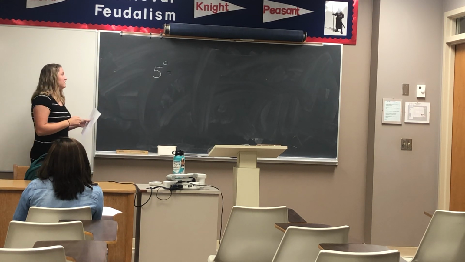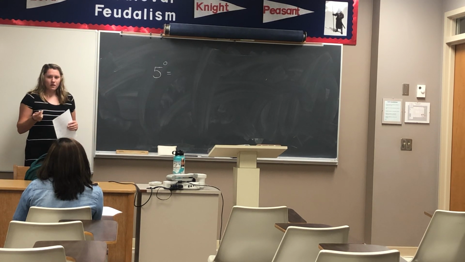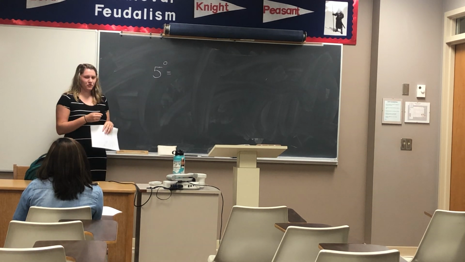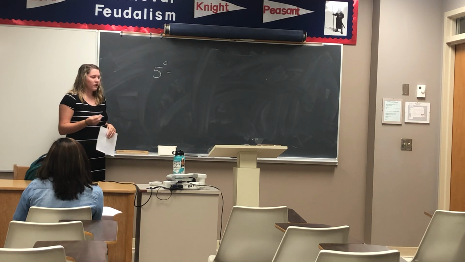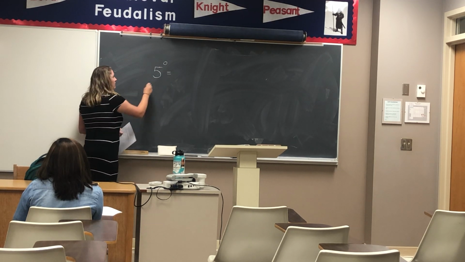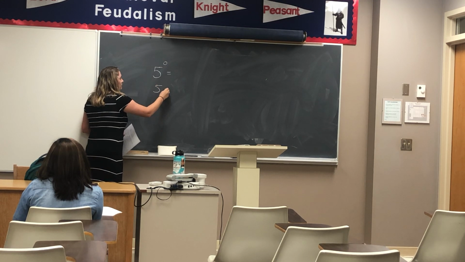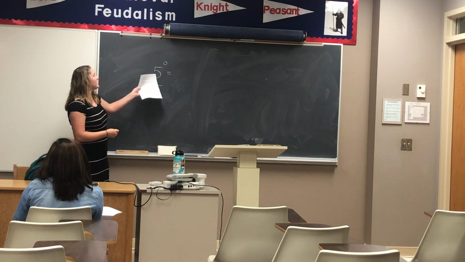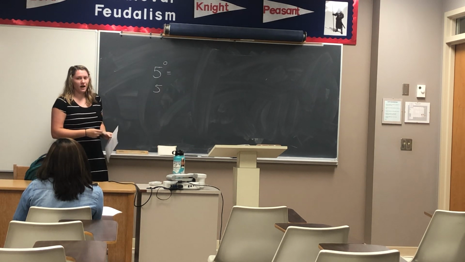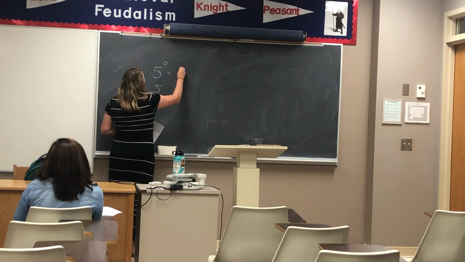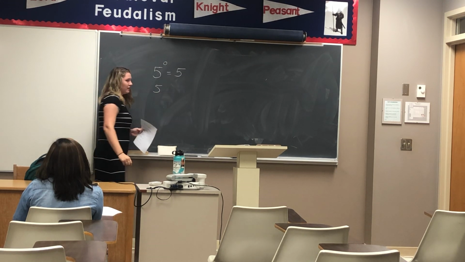If it's raised to the 0 power, well, remember we said that whatever it's raised to means how many times you're multiplying it together. So right here, we're not multiplying it by anything. So anytime you have something raised to the 0 power, it is itself. It's that number. So 5 to the 0 power is 5.